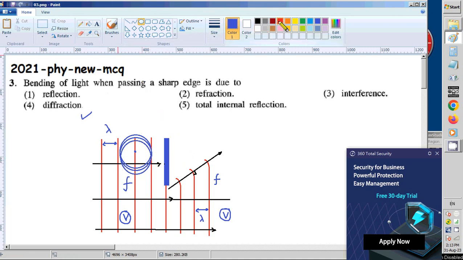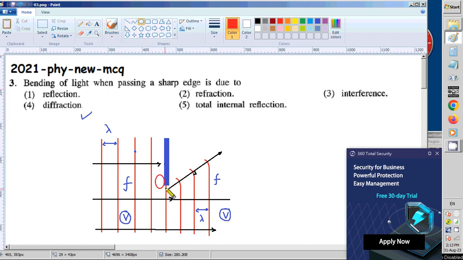The edges overlap from each circle and make this second wavefront. This one is the second wavefront. So here we can explain why this wavefront is bending.